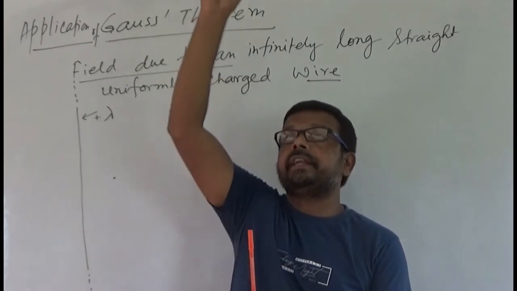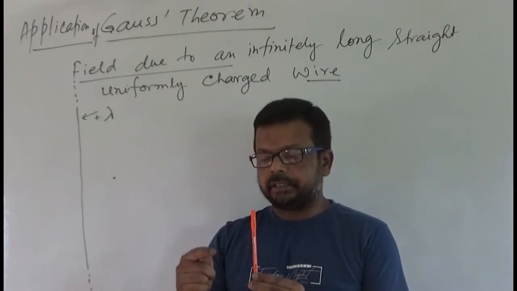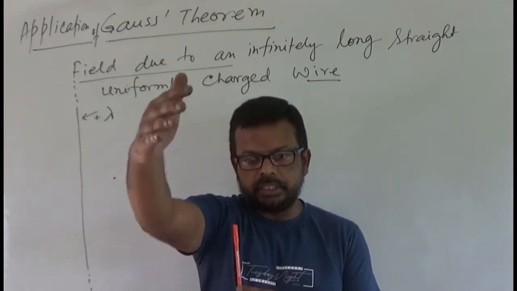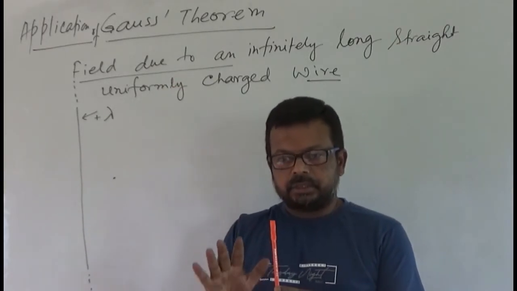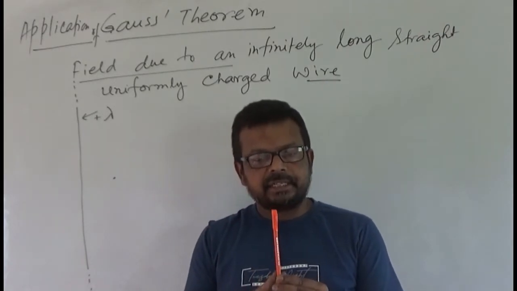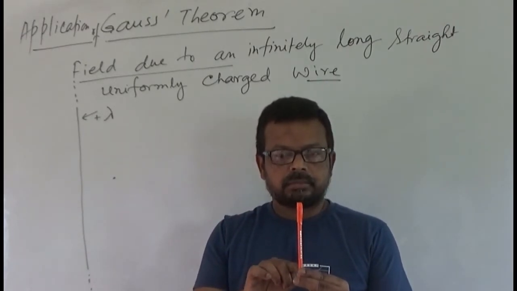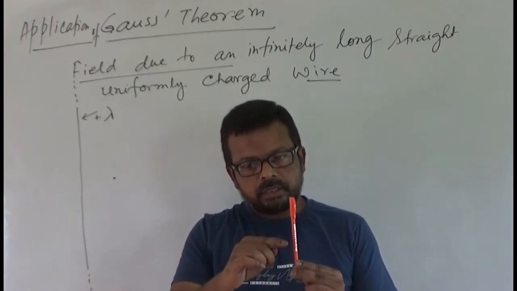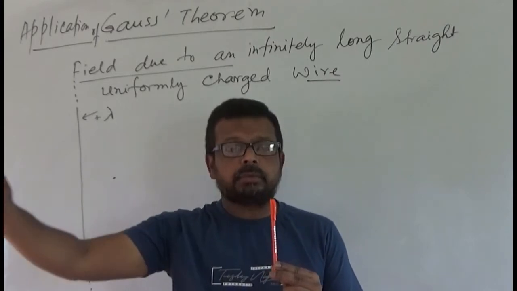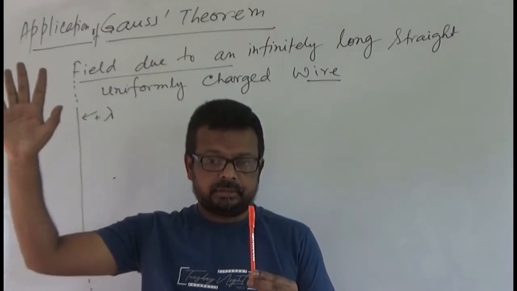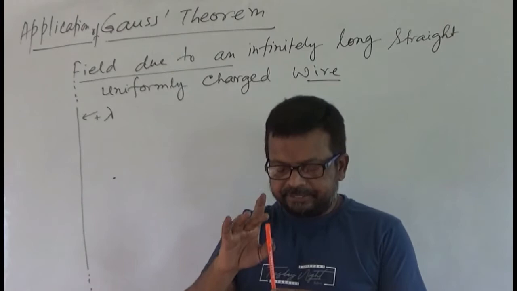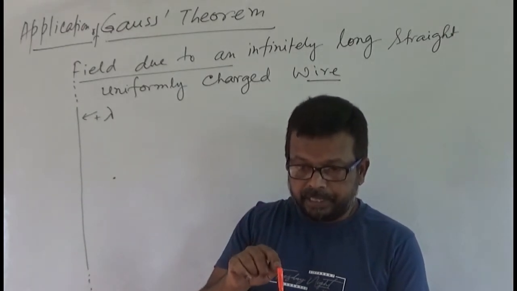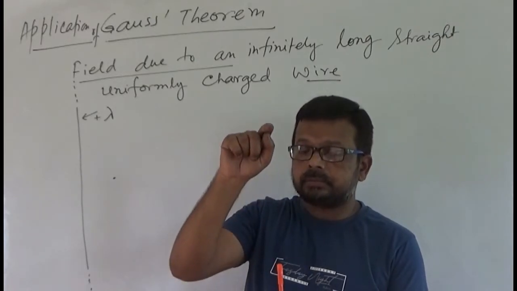Since this is infinite, then you can say field lines are radially outward. That means we can assume the field lines are starting from the wire. It will be directed away from the wire at each and every point. If this wire is finite, then at this point the field line will be along this also.